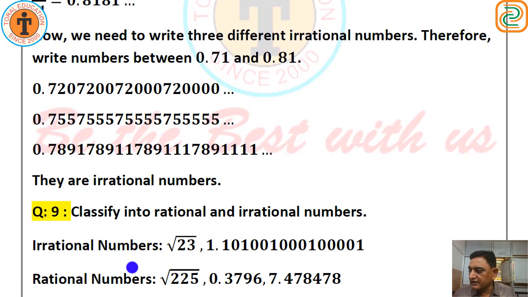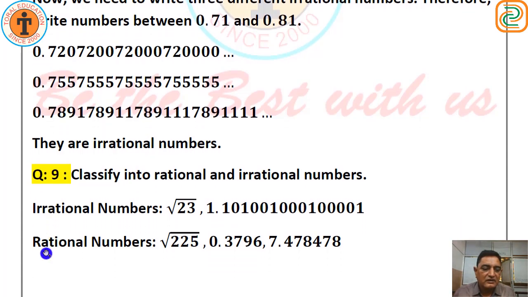And question number 9, the last of the exercise. Classify the following numbers as rational or irrational. Classify means differentiate, we can say separate both, into rational and irrational numbers. Irrational numbers: root 23.